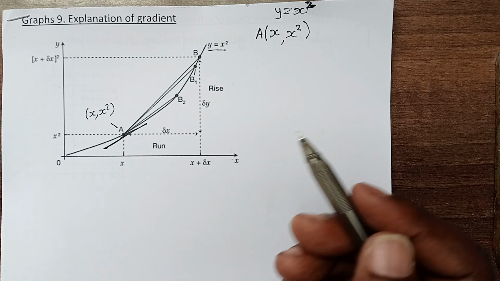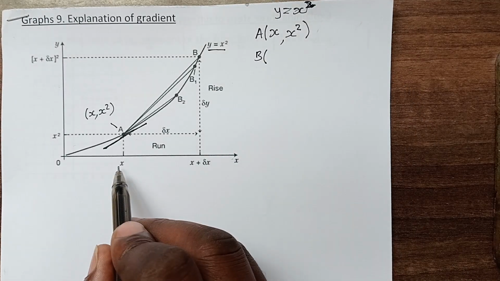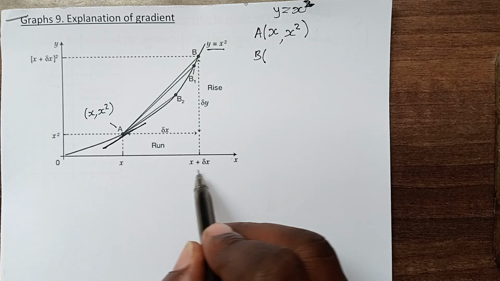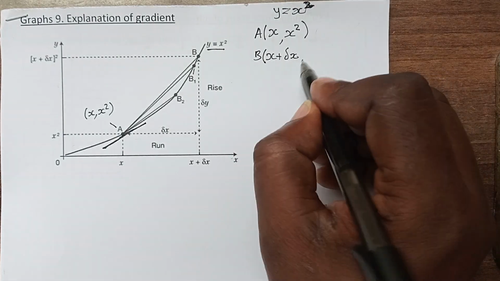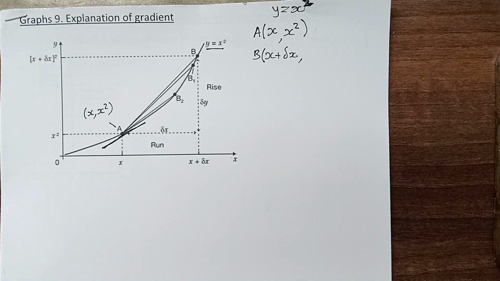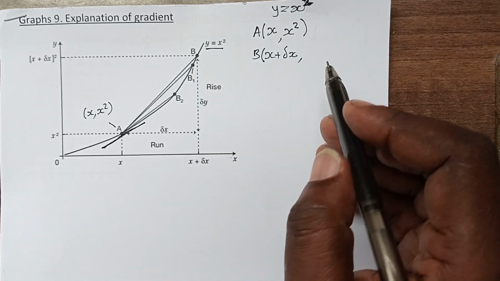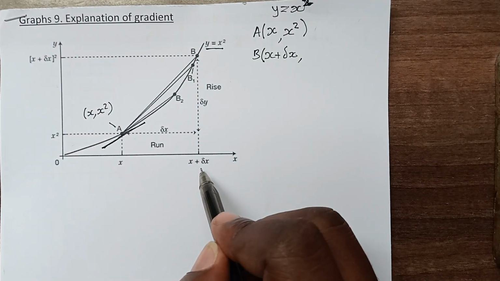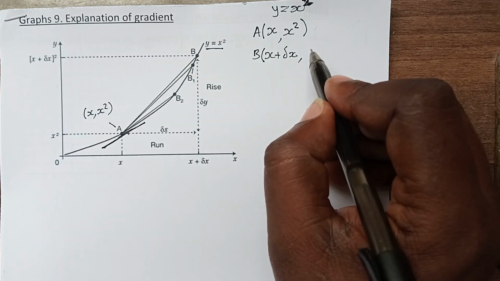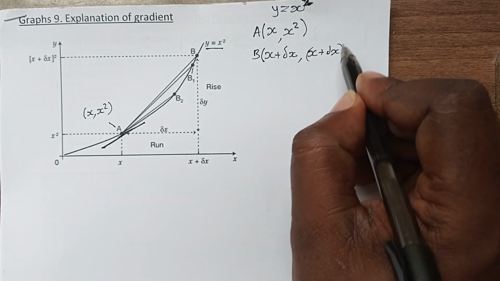So the x coordinate of point B is x plus delta x, and the y coordinate is whatever the value of x is, squared, because y is always equal to x squared. So we have (x plus delta x) squared.